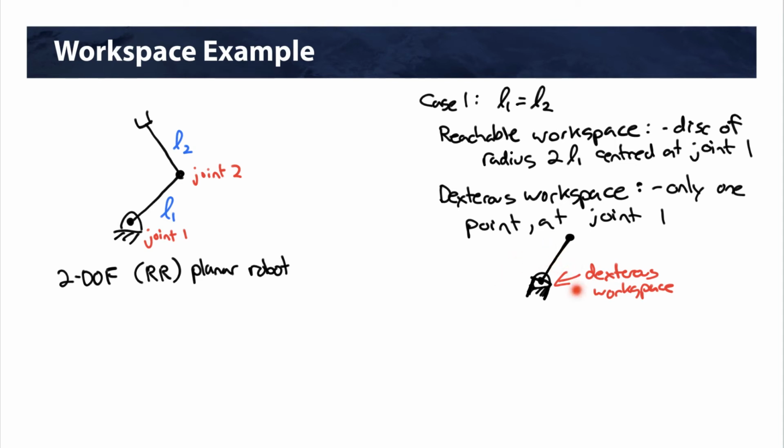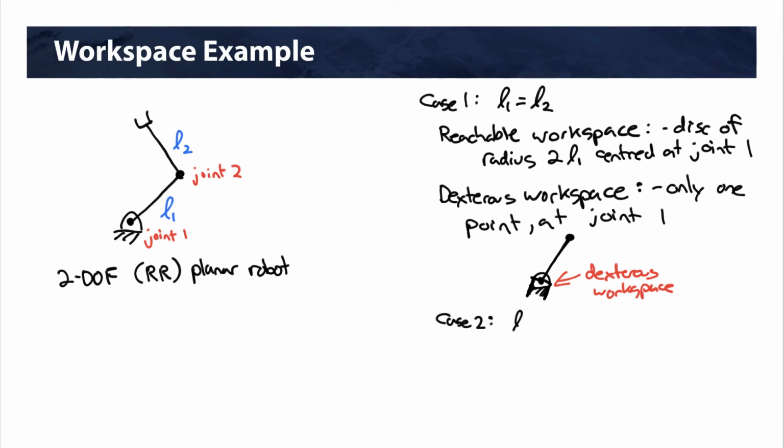Because we could rotate around joint 1 here, we can achieve any orientation of the end effector at that point. But as soon as you go to any other point, we can't achieve any orientation of the end effector. So that's an example of reachable versus dexterous workspace. Let's look at one other case here.